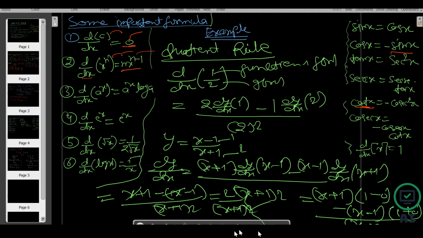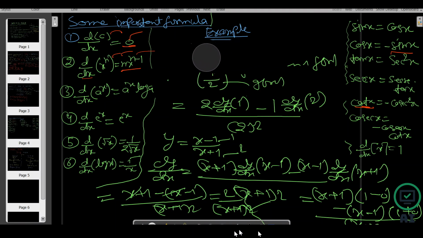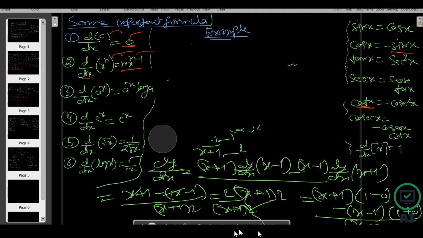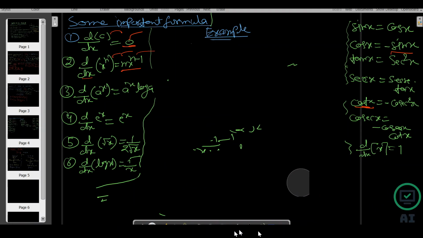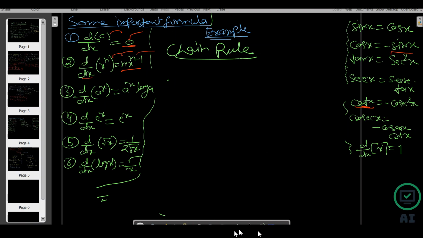So let's see what is chain rule. Chain rule is like when y equal to sin x is given to you, you can differentiate it, dy by dx equal to cos x, by applying this rule.